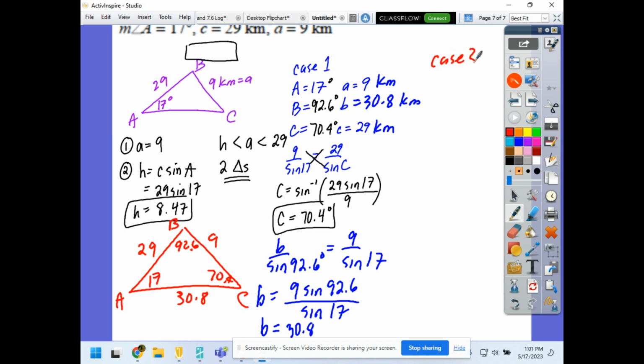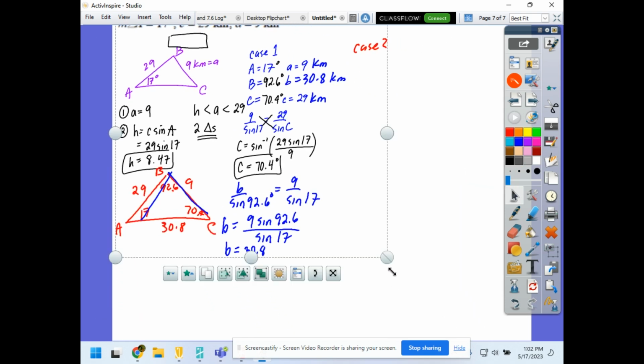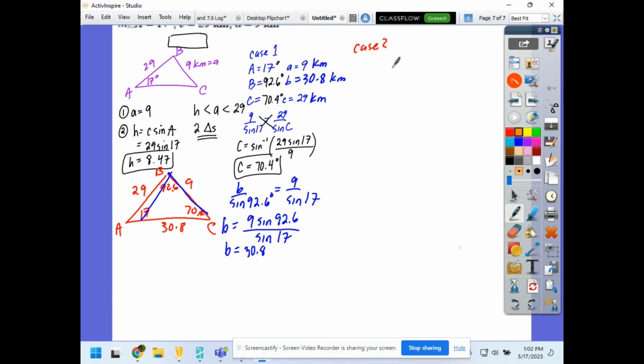we know that this 9 here can swing to this side here. The triangle could swing this way.